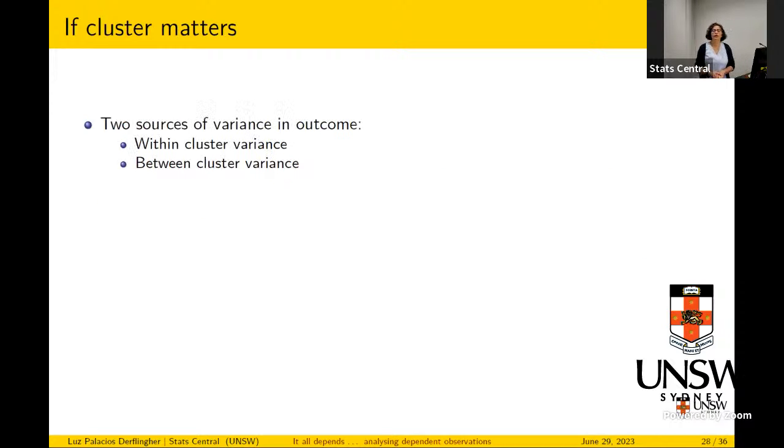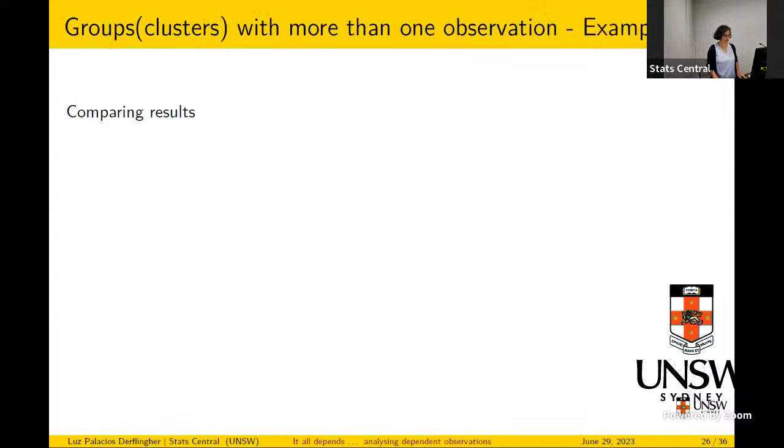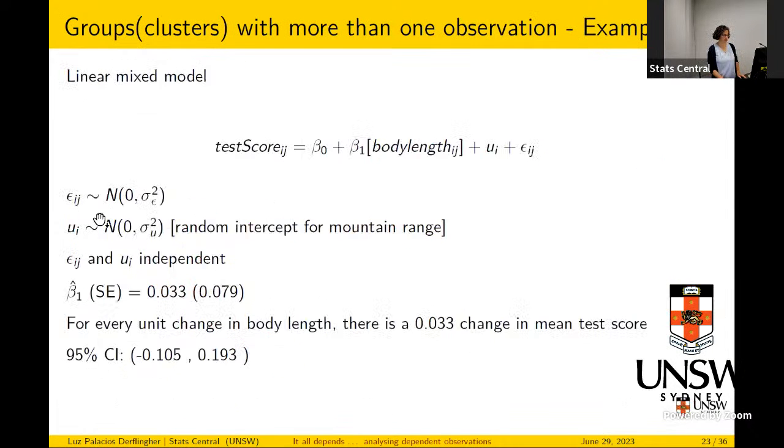Now, when we have clusters, we have two sources of variance in the outcome, the within and the between cluster variance. And now the variance of our outcome in a linear regression, this is the one. And remember, these were the sigmas that we had from over here in a regression over here. So these are the sigmas that we have over here.